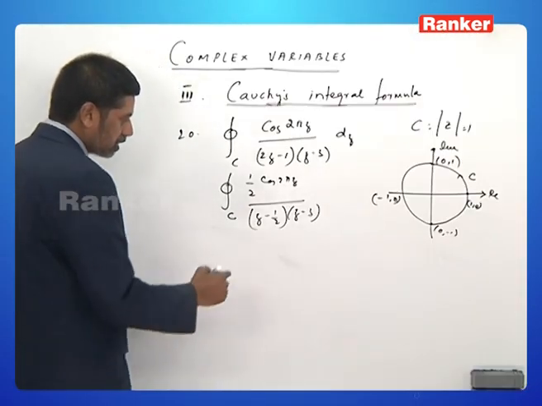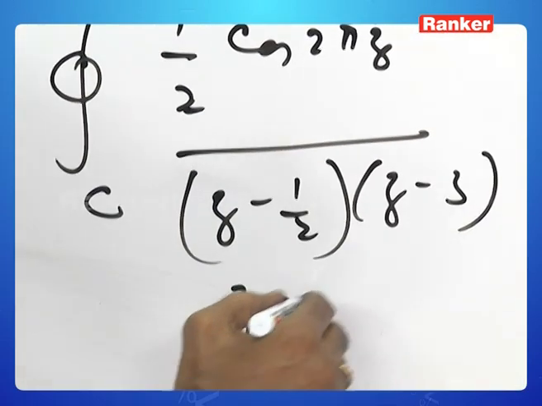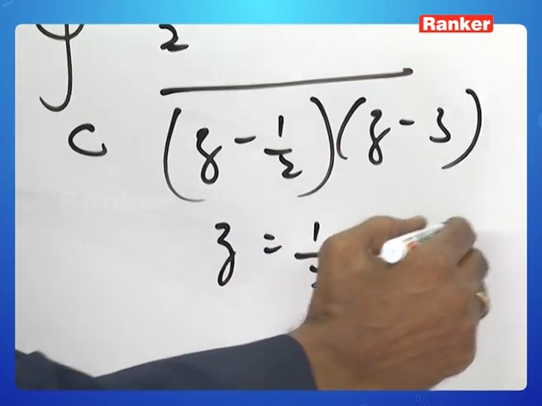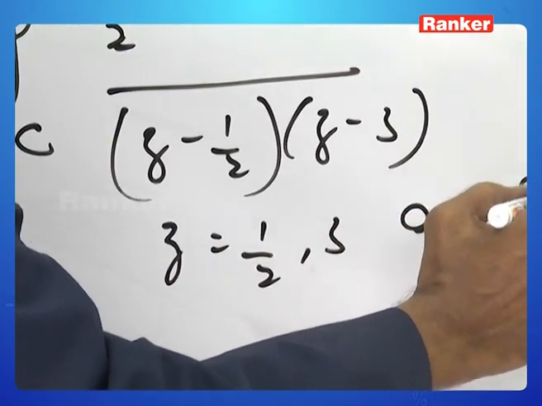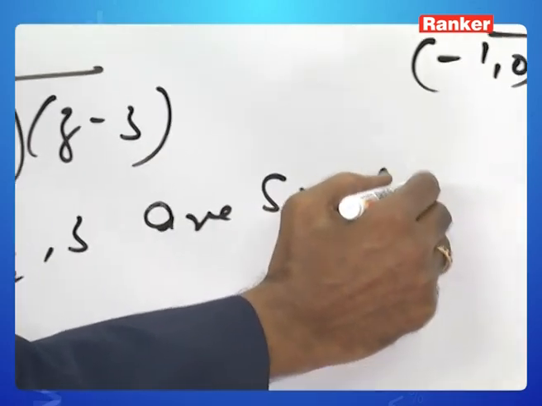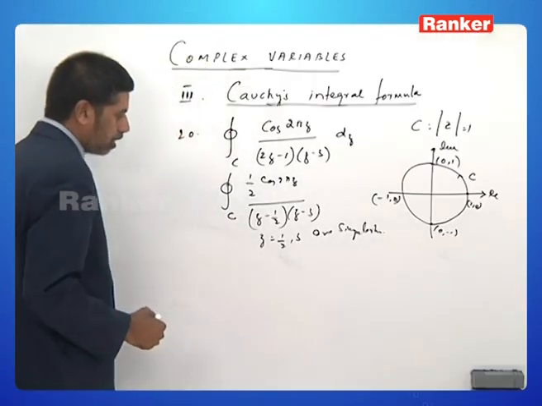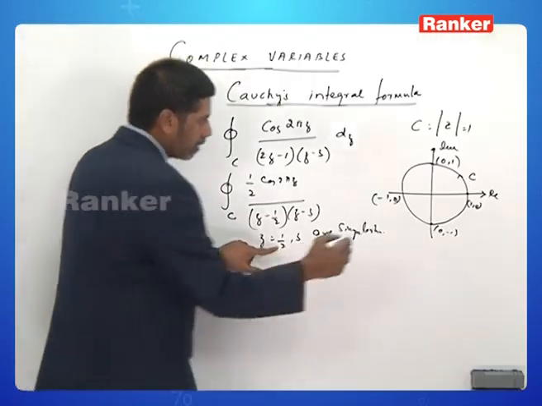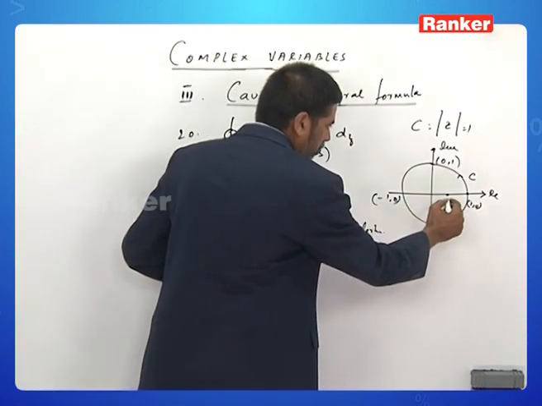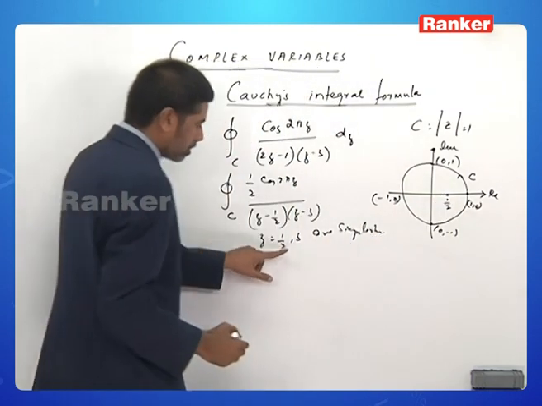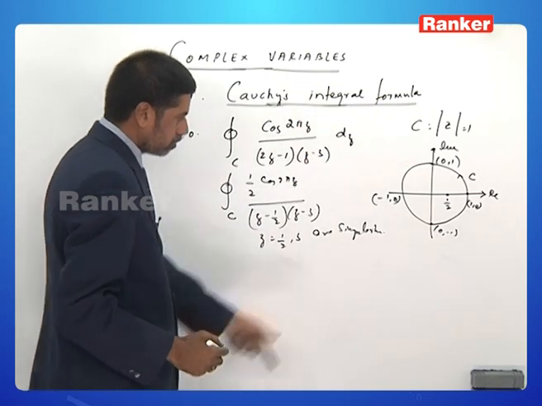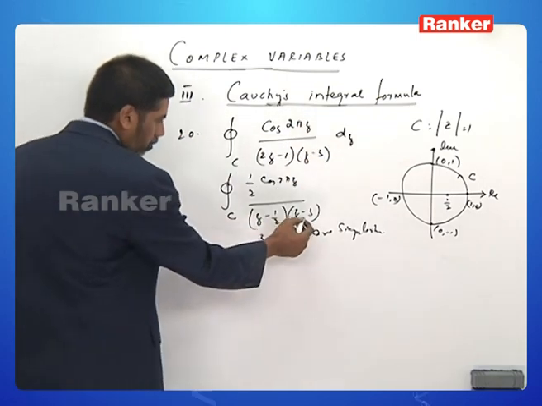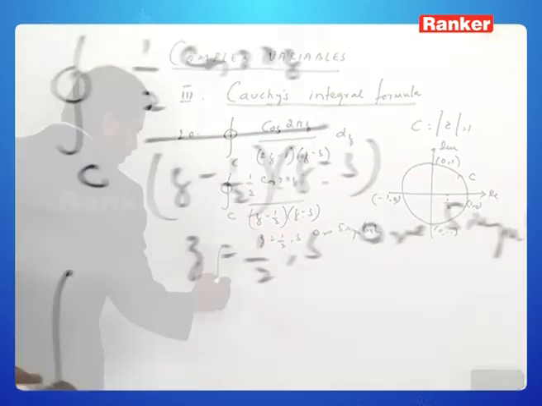You can find that z is equal to half and 3 are singularities, of which z is equal to half can be found on the real axis, but z is equal to 3 is outside the contour. Therefore, this can be promoted to the numerator.